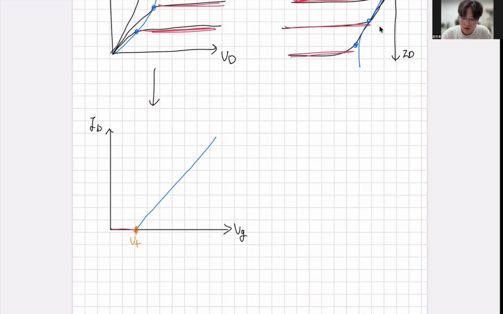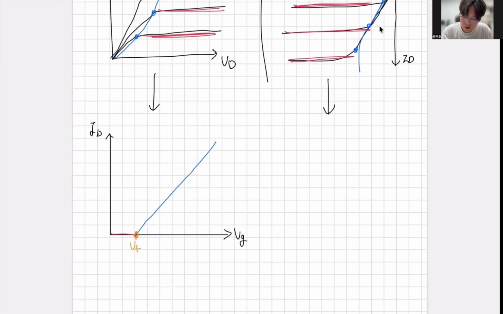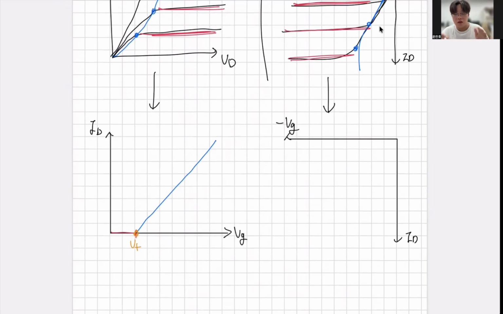And next is the ID-VG graph in PMOS. The PMOS ID-VG graph will be drawn also like this. Here is ID and here is minus VG. So it is about the same as NMOS.